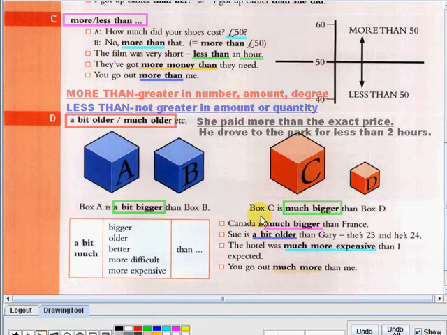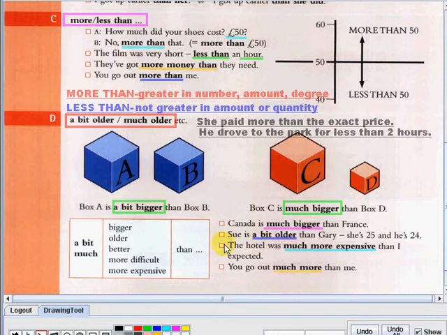So, in this case, we are comparing the size of Canada and France. Let's proceed to the second sentence. Sue is a bit older than Gary. She's 25 and he's 24. So, a bit older. It means there's a small difference.